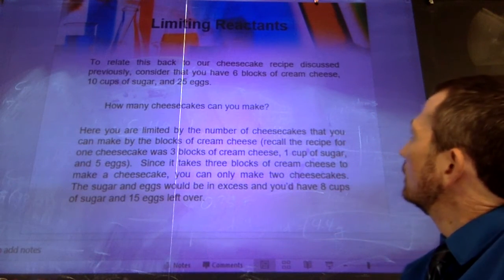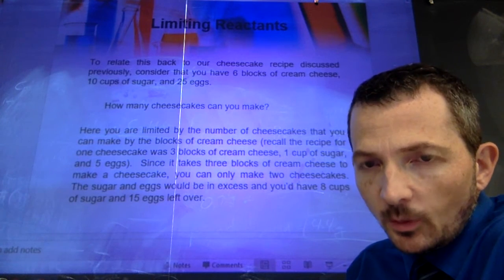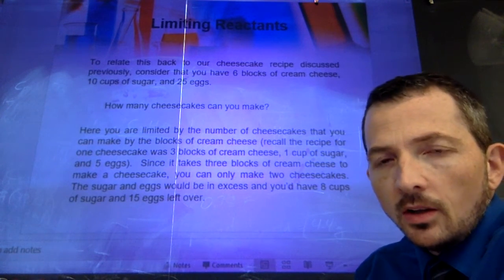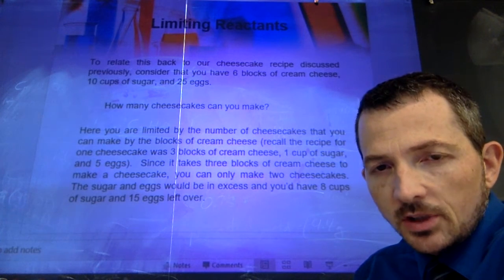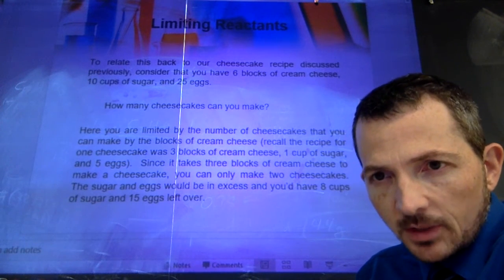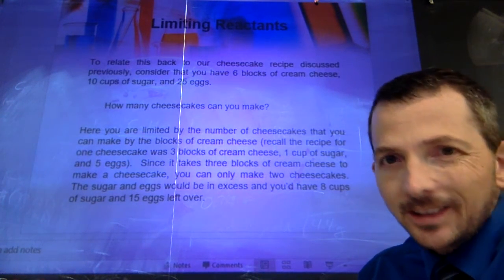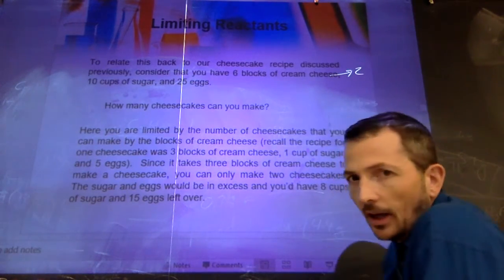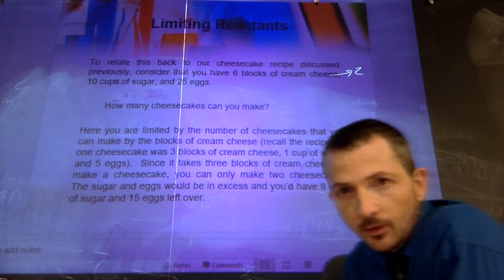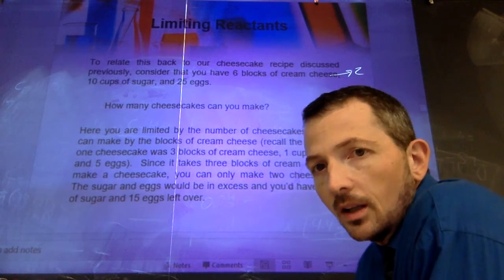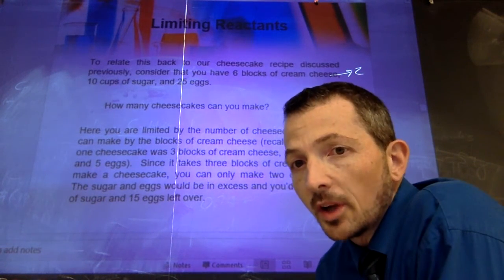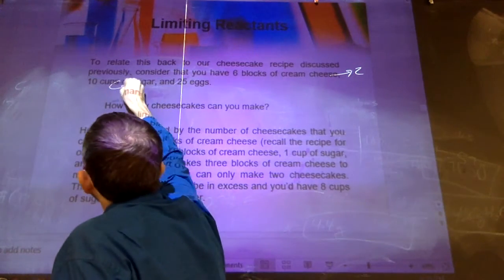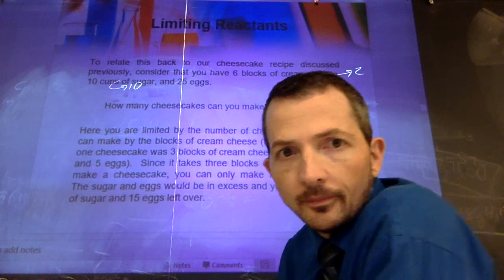Using my balanced equation, I'm not going to calculate all these out. We're just going to do these in our head. For 6 blocks of cream cheese, I know it takes 3 blocks to make 1, so if I have 6, I can make 2 cheesecakes. It takes 1 cup of sugar, and I have 10 cups, so I can make 10.